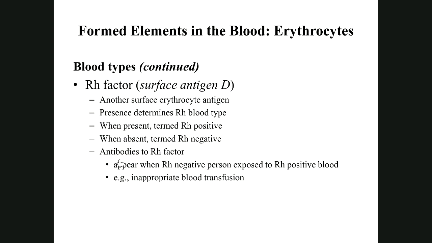Now, if an Rh negative person is exposed to Rh positive blood, so if I'm Rh negative and somebody gives me the wrong transfusion with some Rh positive blood, now I have been sensitized, I've been exposed, and now I'm going to start to make antibodies. Like I said, this is not usually an issue.